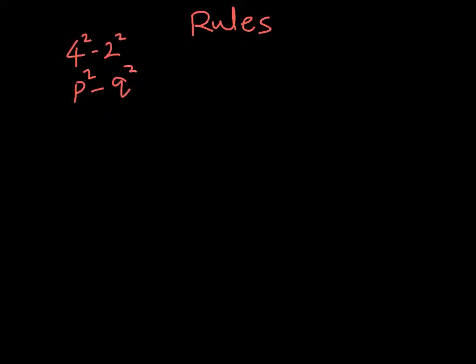So what do we mean when we write it like this? Well, an actual expanded form, which we're going to talk about in the expansion section, p squared minus q squared actually means p plus q into p minus q.